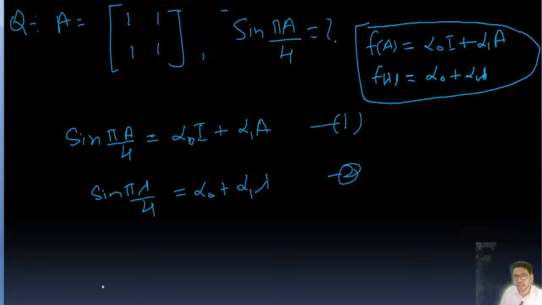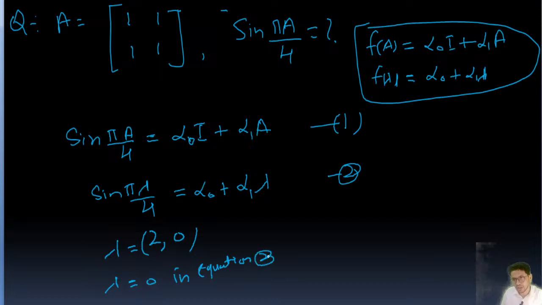Now we'll find the eigenvalues. Because the rows and columns are identical, the eigenvalues are lambda equal to trace and 0, so 2 and 0 are the eigenvalues. Now we'll put lambda equal to 0 in equation 2.